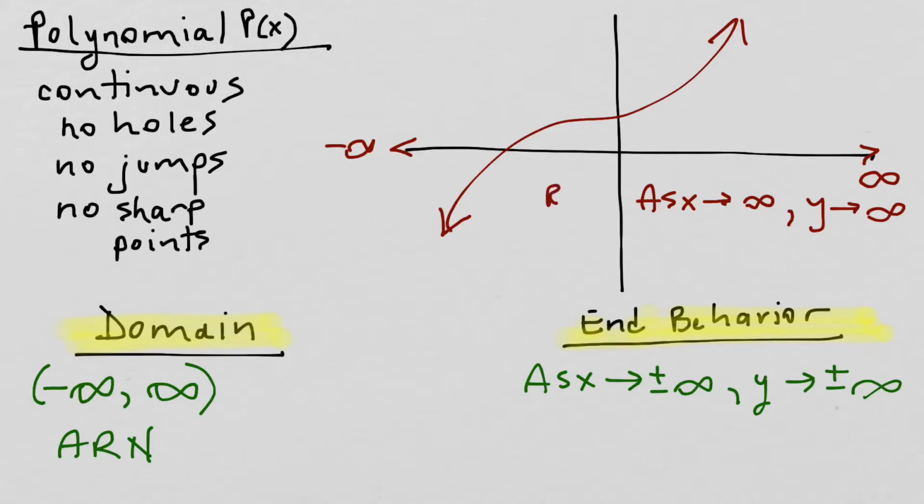Then on my left hand side, over here, as x approaches negative infinity, y goes down. So y approaches negative infinity. That is how you would write your end behavior for the one in the drawing here.